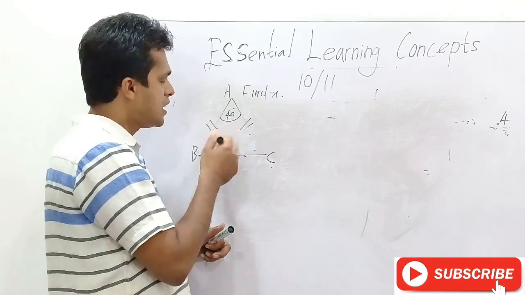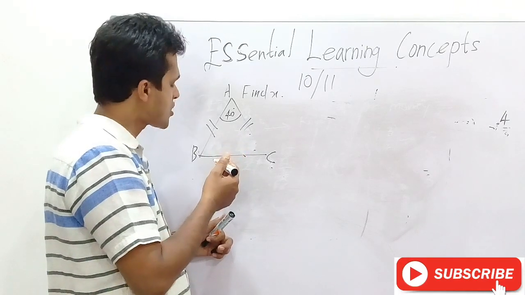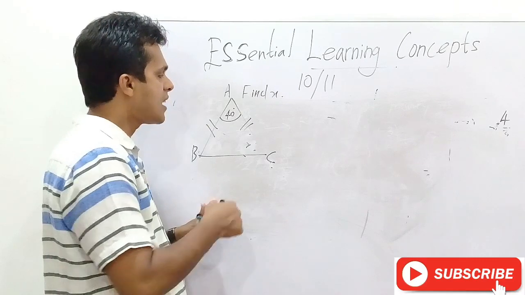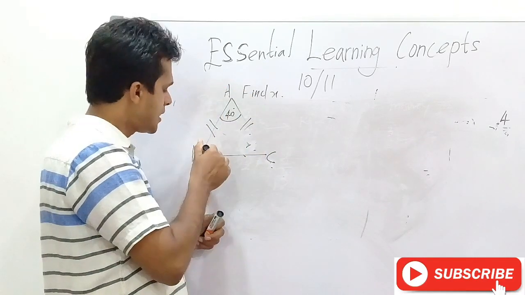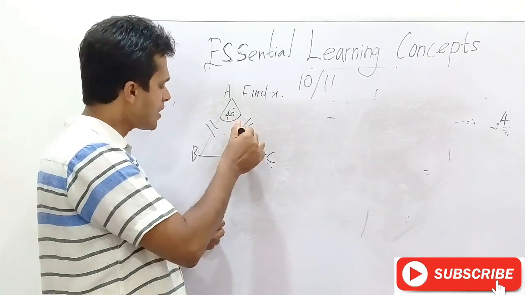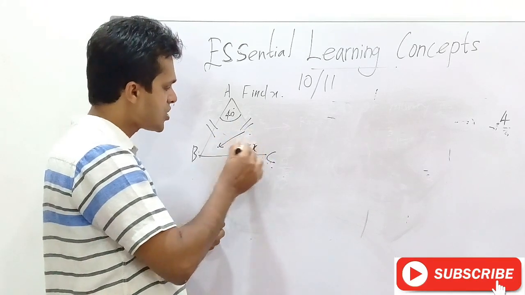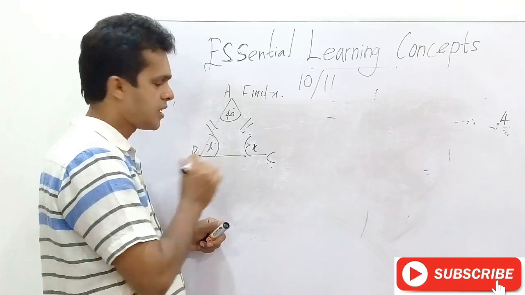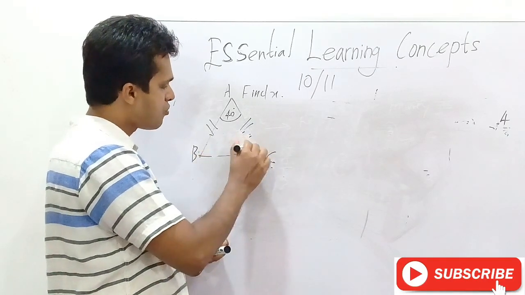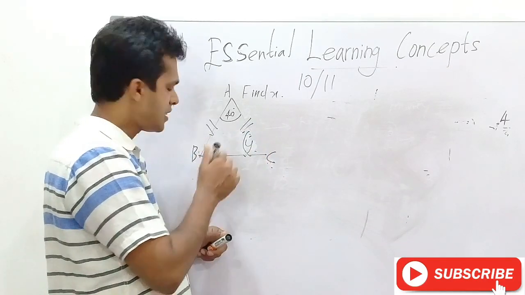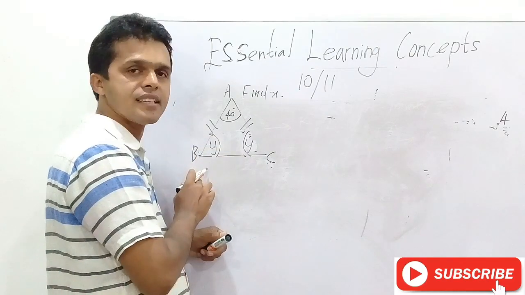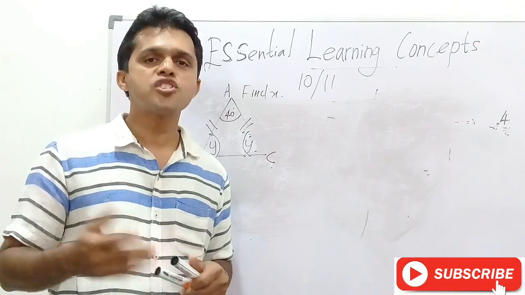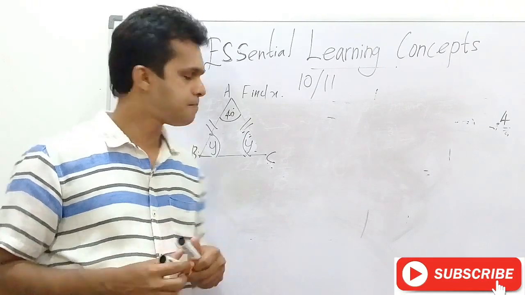What is the angle opposite to the side AB? That is C. What is the angle opposite to the side AC? That is B. So, if this is x, this one also should be equal to x. If this is y, what is the value of y? In an isosceles triangle, the angles opposite to the equal sides are equal.